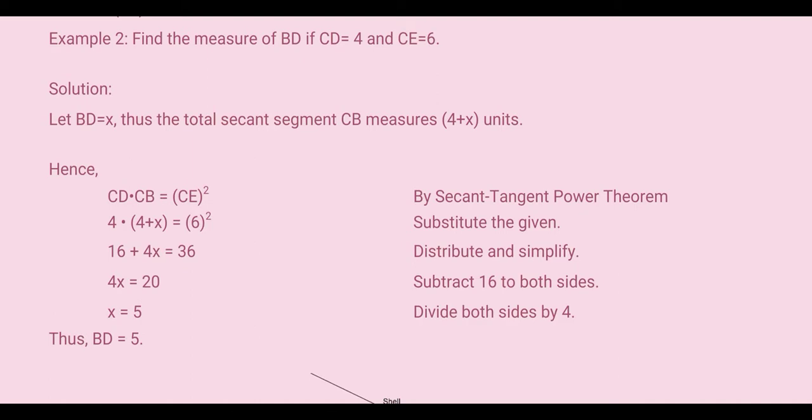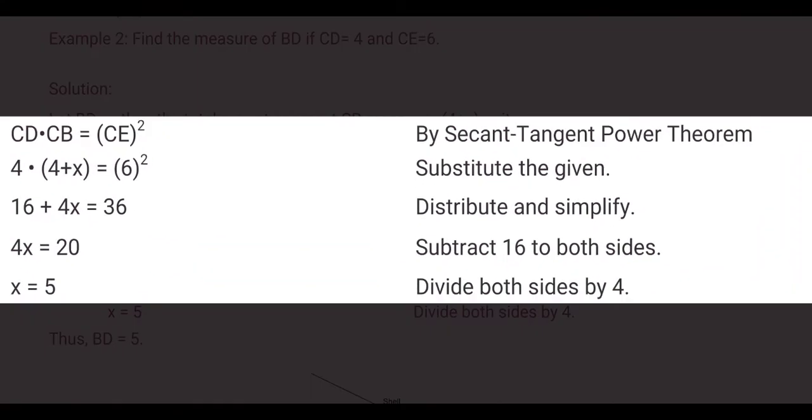Our external secant segment is 4, multiplied by the total, which is 4 plus x, is equal to the square of the tangent segment, which is 6. So we'll have 16 plus 4x is equal to 36, after we distribute the 4 on the left side and square the 6.